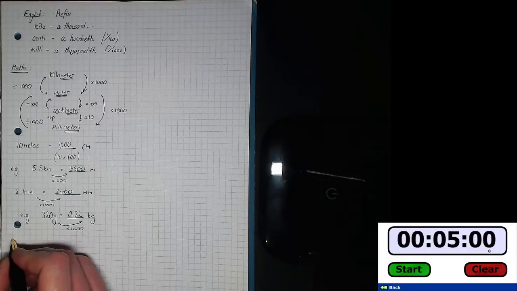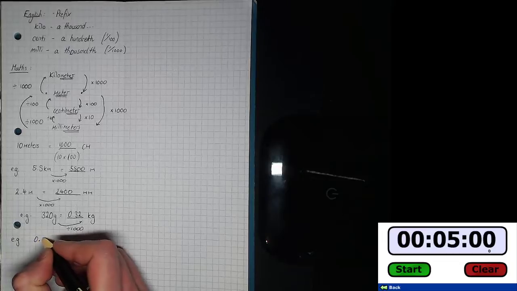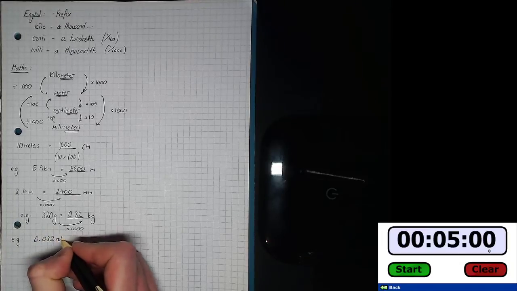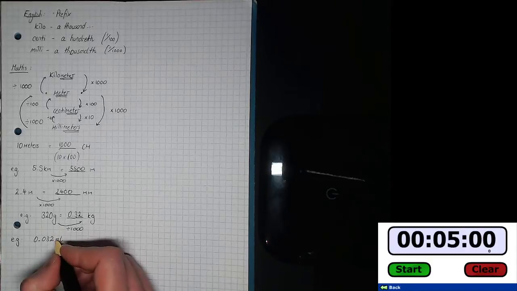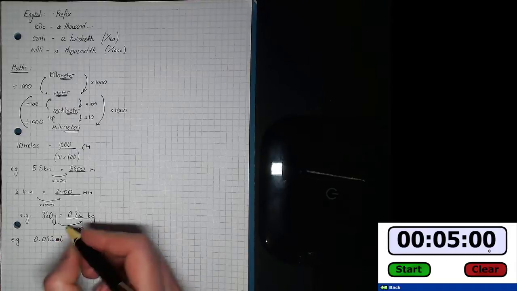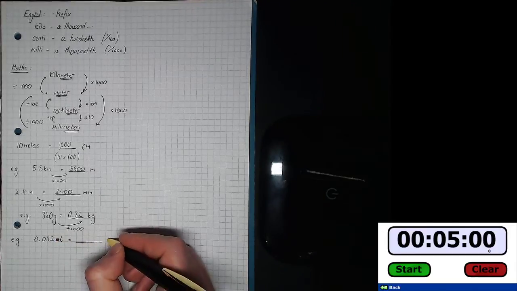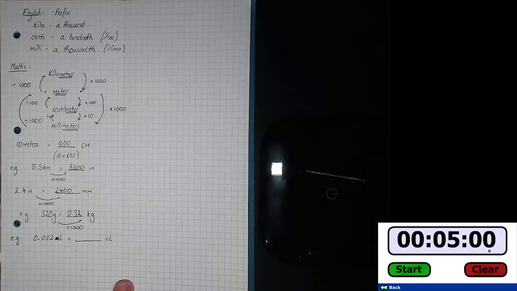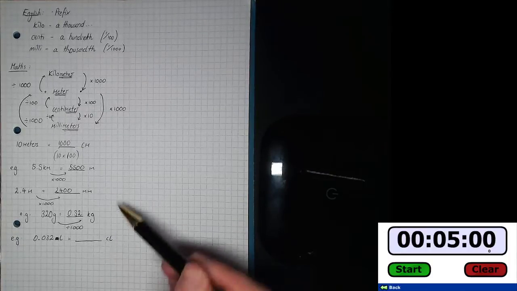And one final example. 0.032 liters is how many centiliters? Now, centiliters isn't a unit that we use very much, but it is a unit, so we can look at how to convert it.